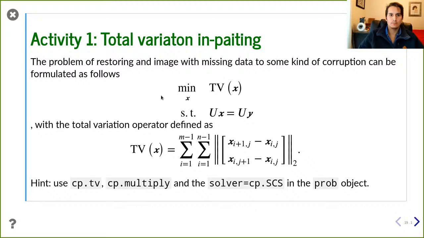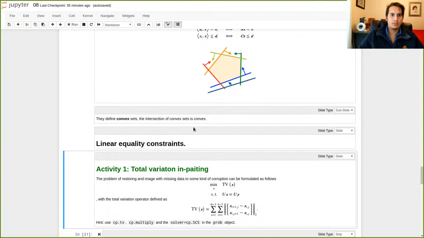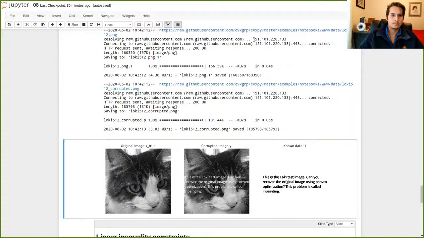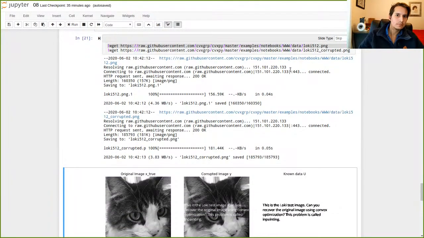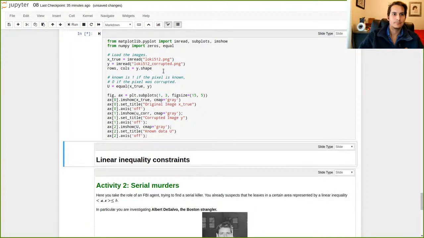It says U_orig.shape. Oh, okay. This is incorrect. This should be Y. Okay.